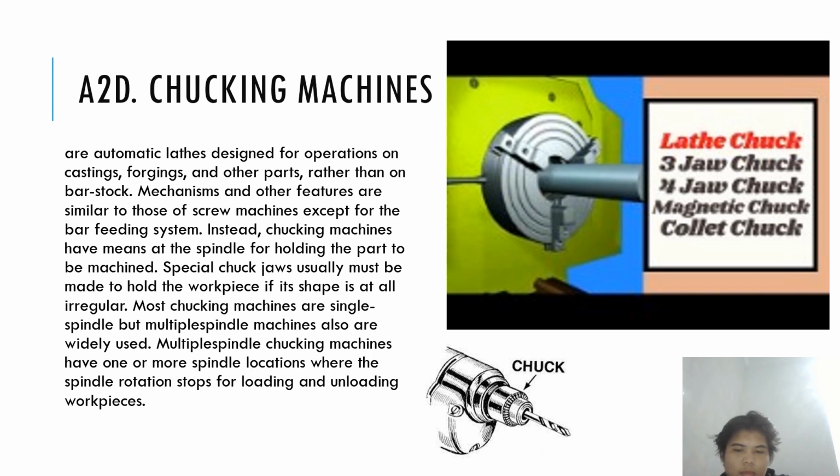Main parts of three-jaw chucks are body, jaw, bevel teeth, scroll disc, workpiece, and chuck key.